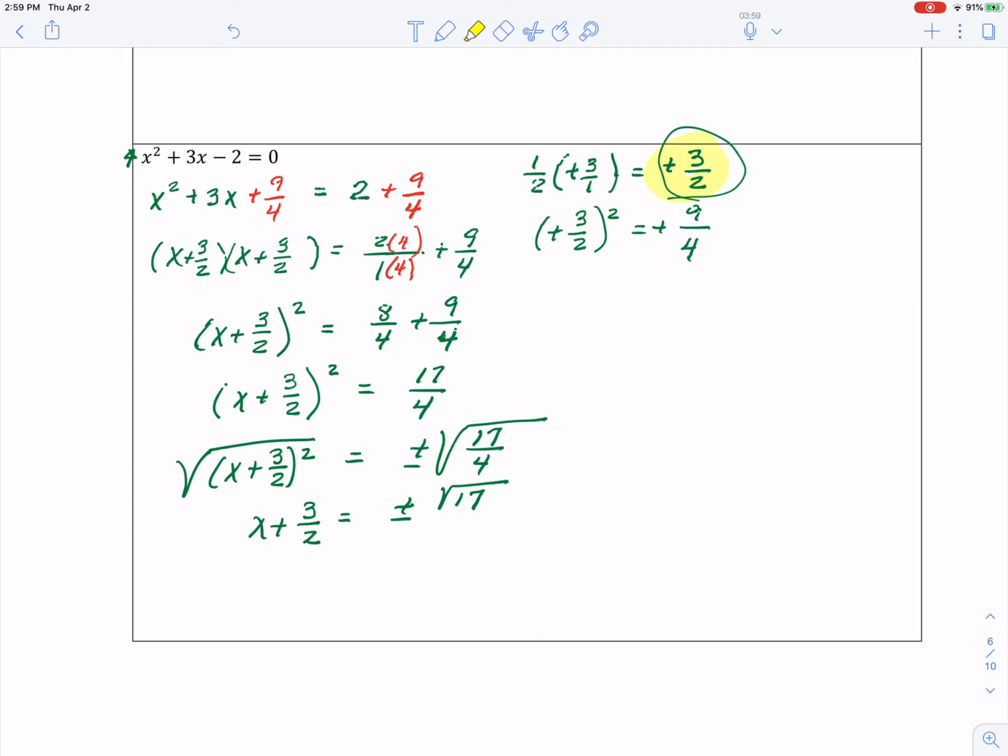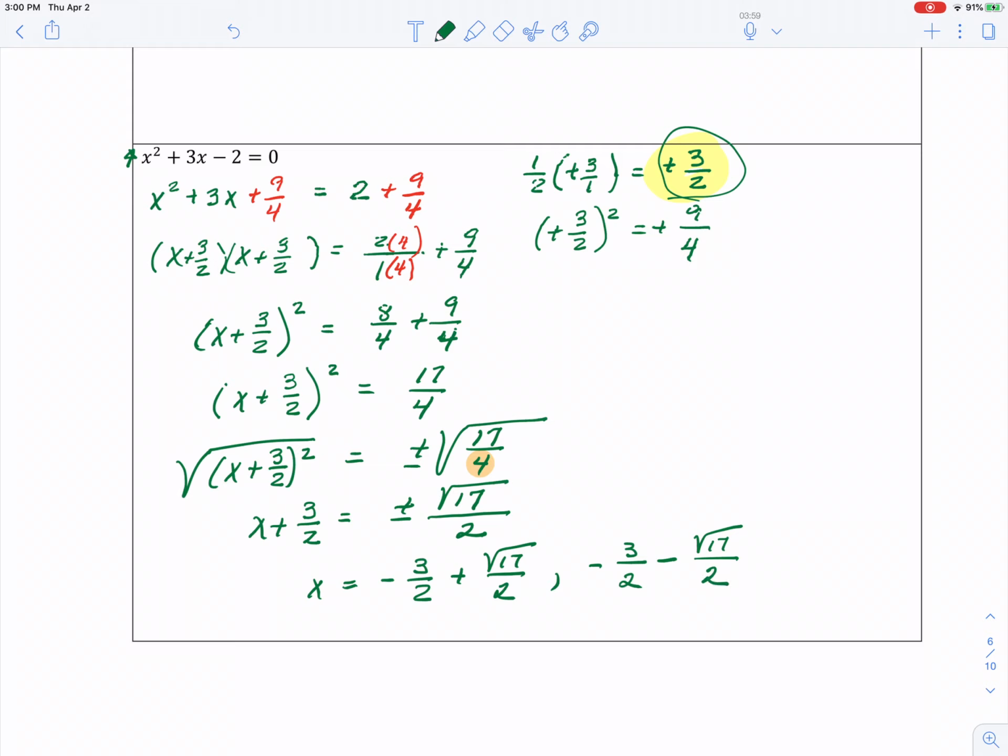And again, this square root of 4 that sits underneath the radical, I'm going to go ahead and pull that out from under the radical and make that square root of 17 over 2. It looks like I have one more step and I'm there. So this will be a negative 3/2. One answer will be plus that quantity, and the second answer is negative 3/2 minus that quantity.